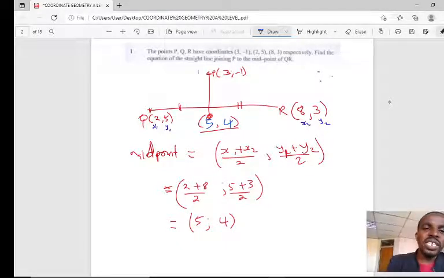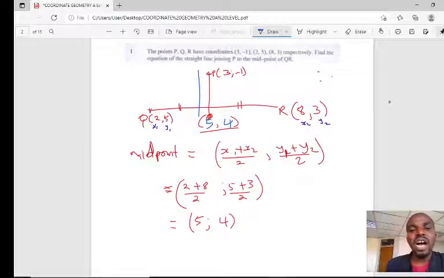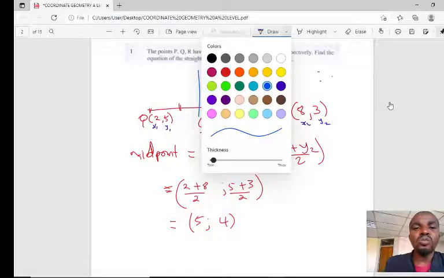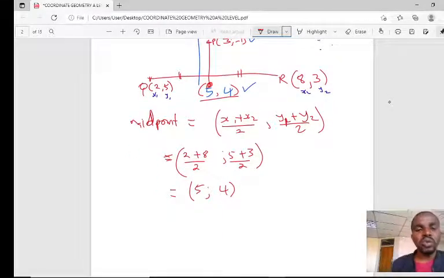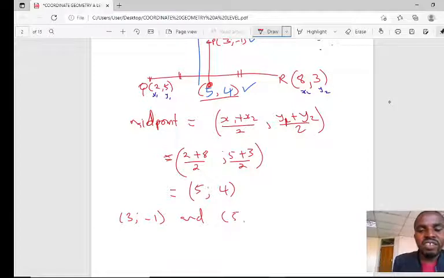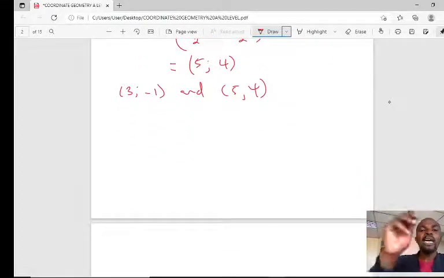Then you are now using this line, P to the midpoint of QR, which is (5, 4). So we're using the coordinates (3, -1) and (5, 4). These two coordinates are for us to be able to find the equation of this line passing through these two points. We have to find the equation of a line passing through these two points.